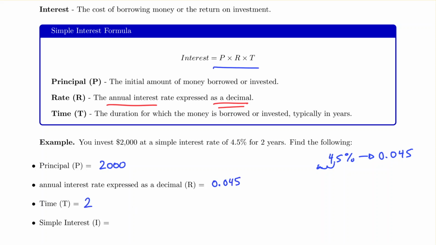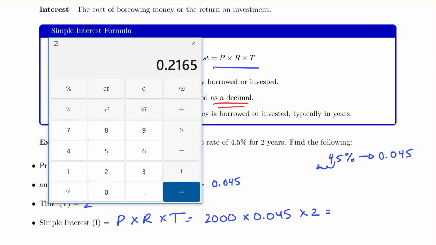So then the simple interest follows this formula, P times R times T, which is 2,000 times our interest rate expressed as a decimal times the number of years. And now we'll use our calculator. 2,000 times 0.045 times 2 years.